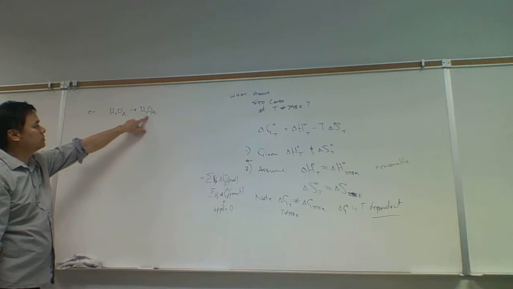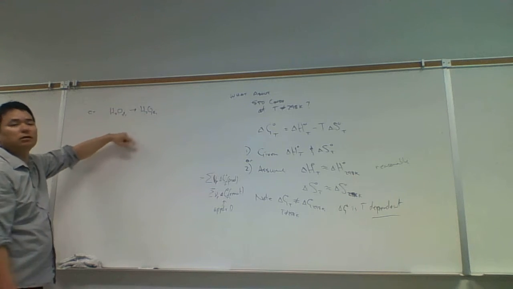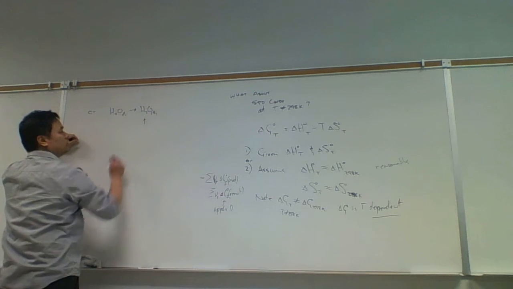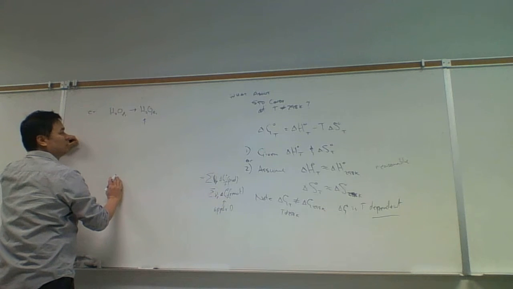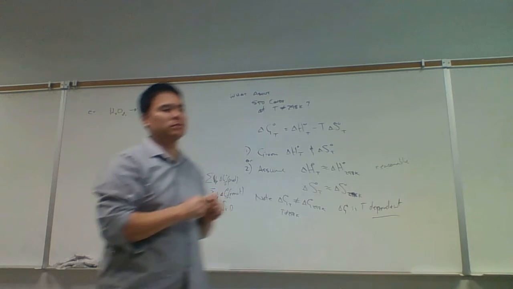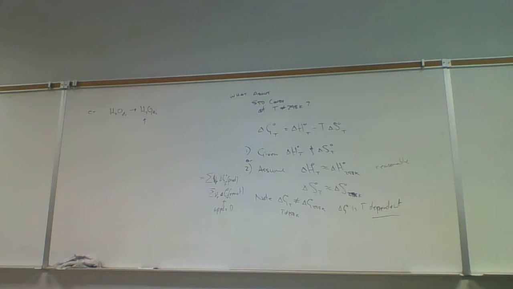The restriction here is the H2O gas is going to be at what pressure? Actually, what is the pressure here? Let's find out. Is it 1 bar or is it 1 atmosphere? Because it changes the boiling point.